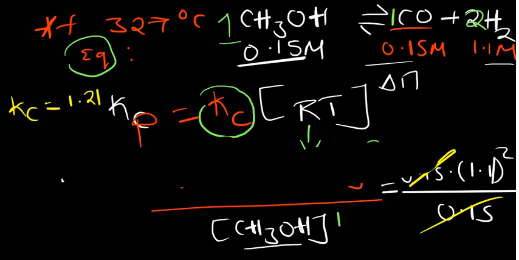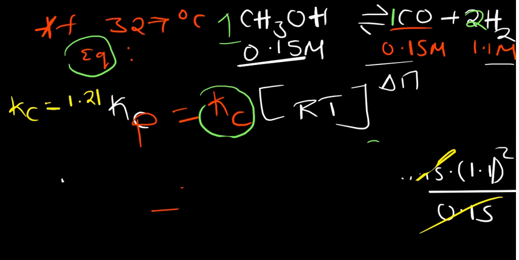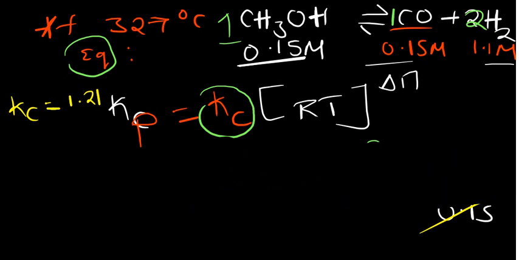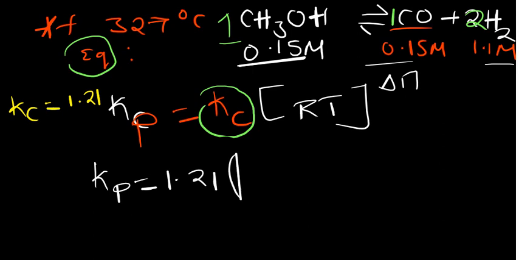So what is the revision? We've revised how to determine the Kc. So how do we get to find the Kp now? So our Kp is therefore going to be, our Kc is 1.21. What is the gas constant there?